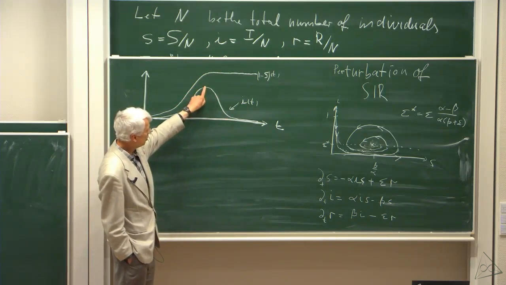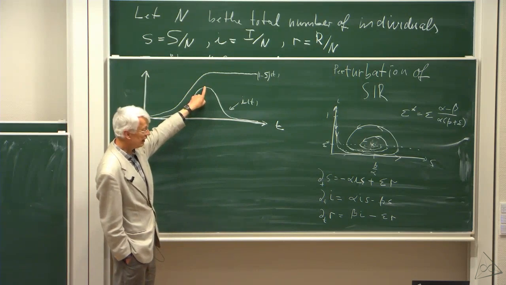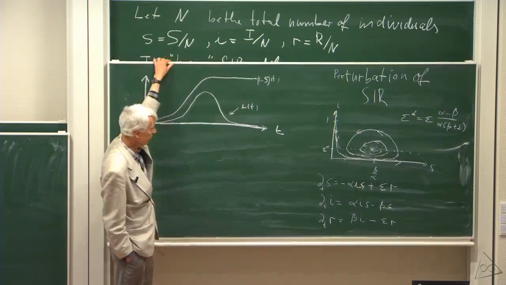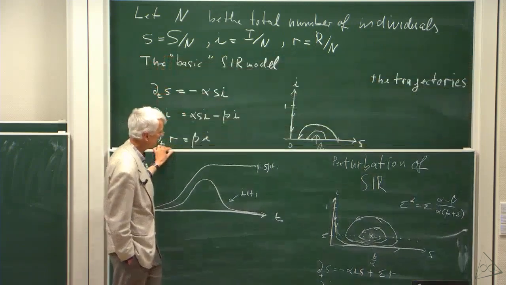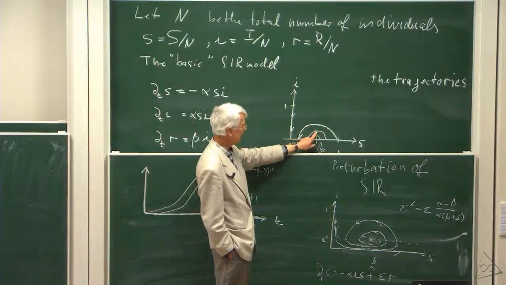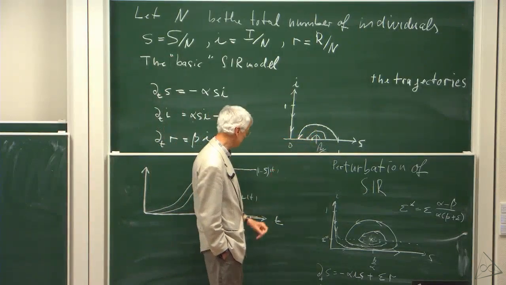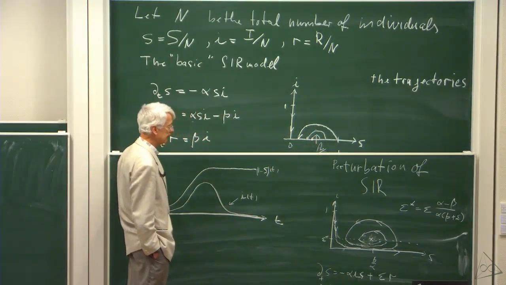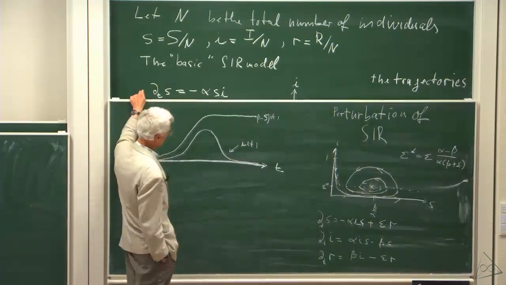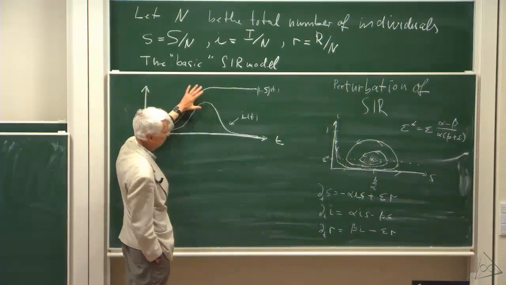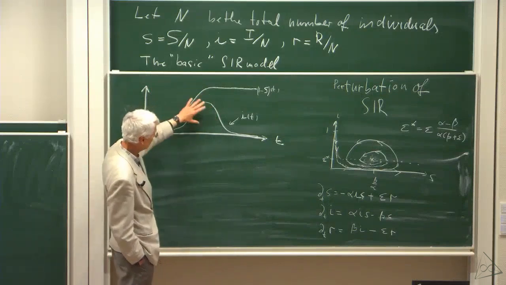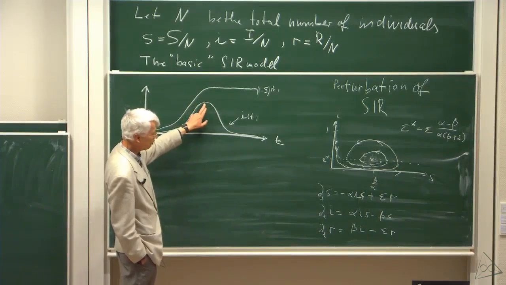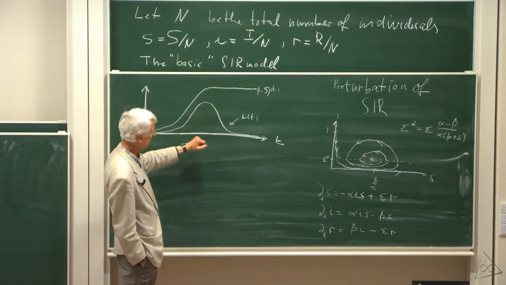The level which you are reaching here, in the theory, should correspond to the highest point on the trajectory, and I will just draw this back and show it on the other side. So it should correspond to the value S equal to beta over alpha. That is the kind of thing which you can get from the data. So there is a relationship between this beta over alpha and the curves which you see here. Of course, the curves are usually not as nice as they are seen here.